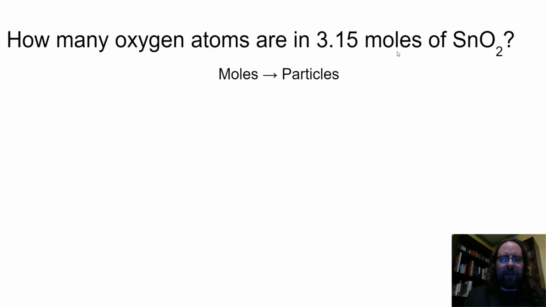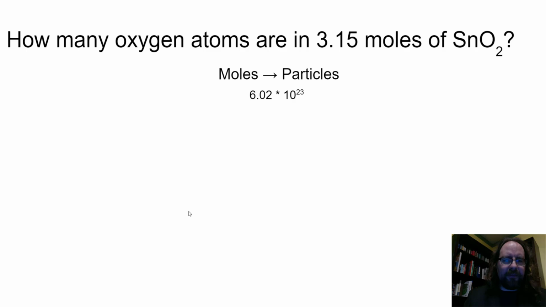We're given 3.15 moles, and we're going to how many particles we have. So if you recall from our second slide, that's going to end up being multiplication. And I don't need to worry about molar mass here because I'm not going from moles to grams or vice versa. So this is a little more straightforward.